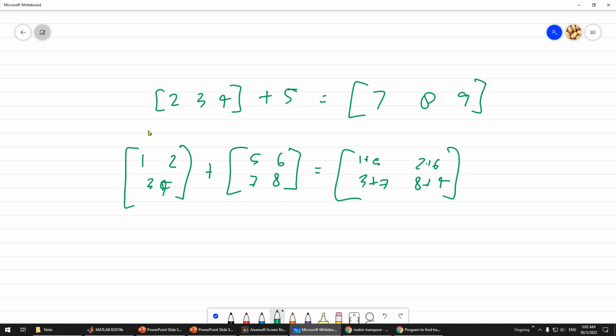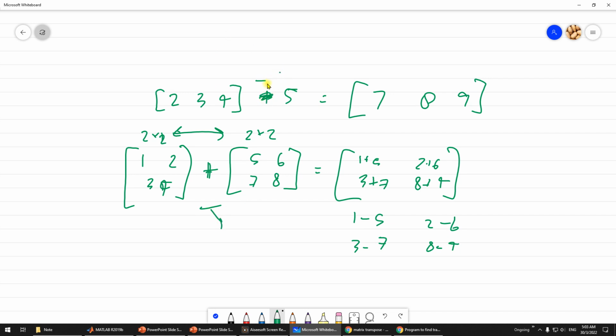Make sure the size is the same, 2 multiplied by 2, 2 multiplied by 2. This is a must. If minus, you just do 1 minus 5, 3 minus 7, 2 minus 6, and 4 minus 8. This is for minus. Plus and minus, no need to worry.